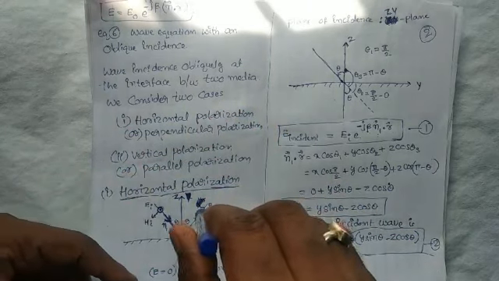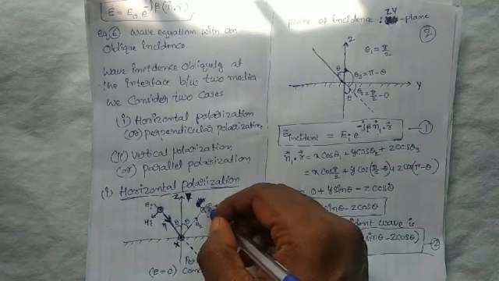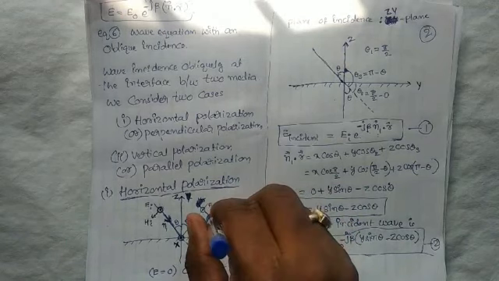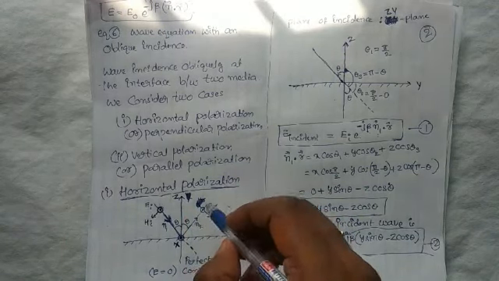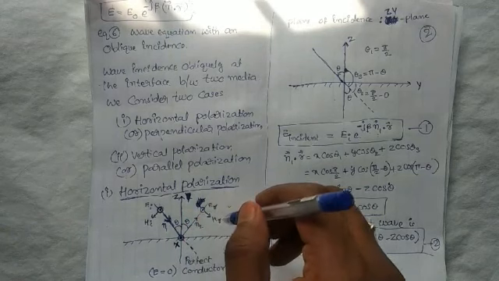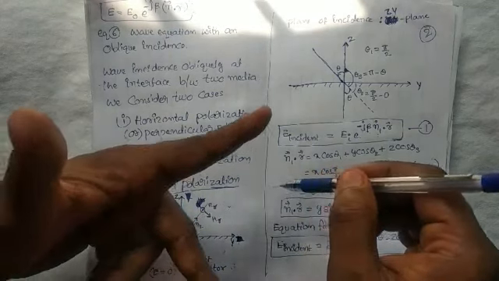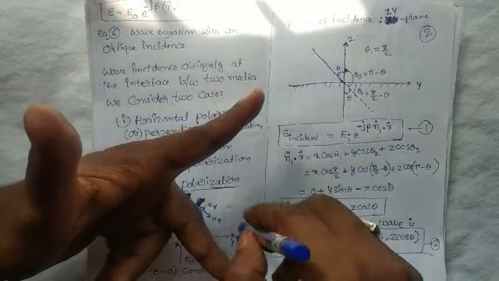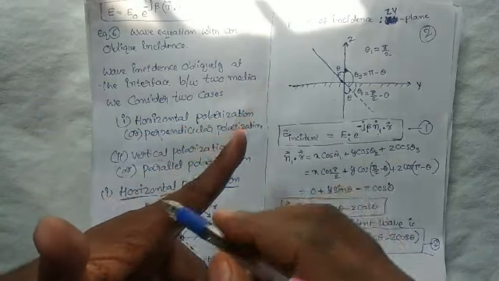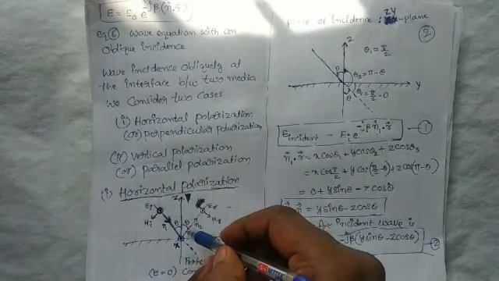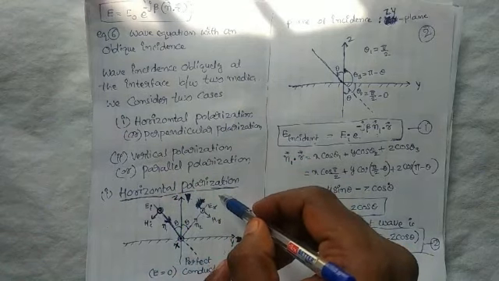For the reflected wave, the electric field intensity is out of this page. Similarly, the magnetic field intensity is in this direction, and the direction of propagation is in this direction.